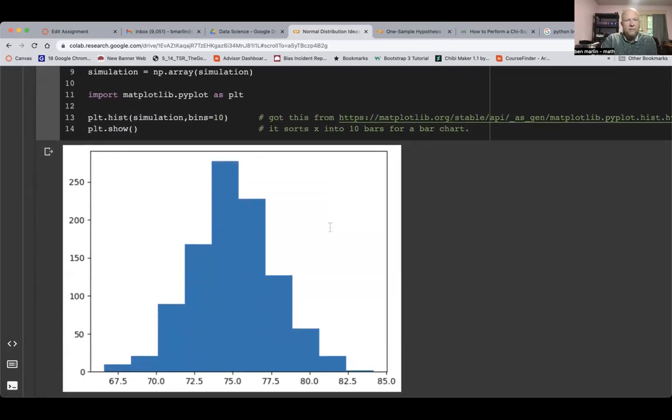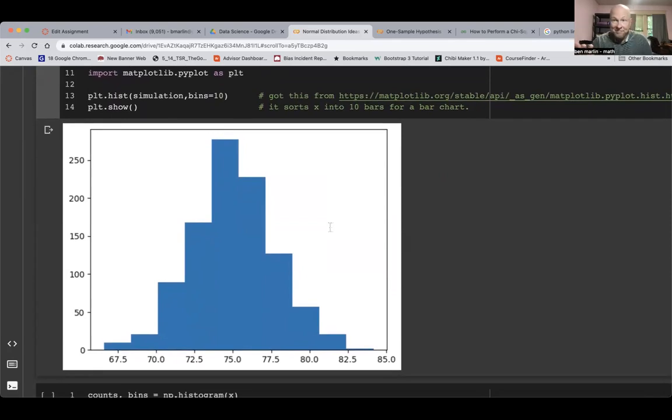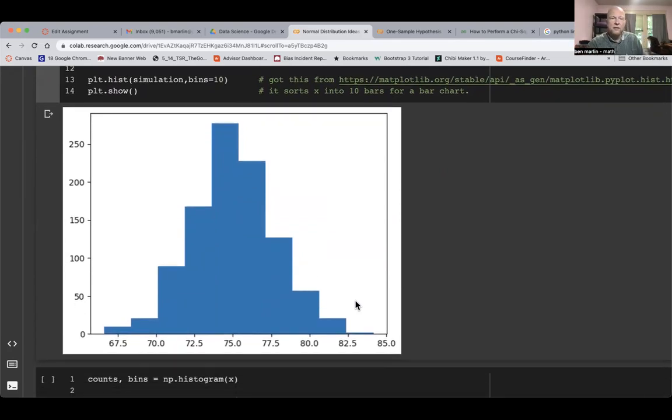Yeah, okay, that looks better. I had a typo where I was plotting X instead of the simulation, and I was wondering why it was not looking the way I expected. So you take a look at that and it looks kind of like a normal distribution. It's fairly symmetric and unimodal.